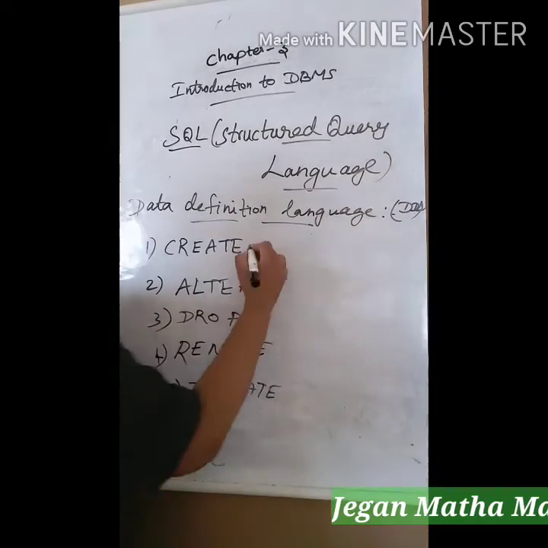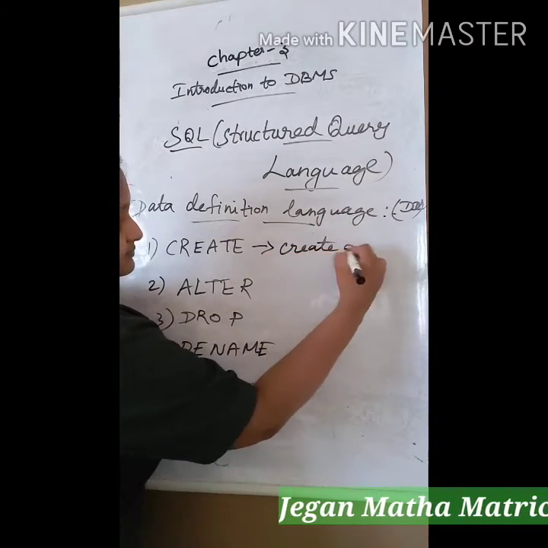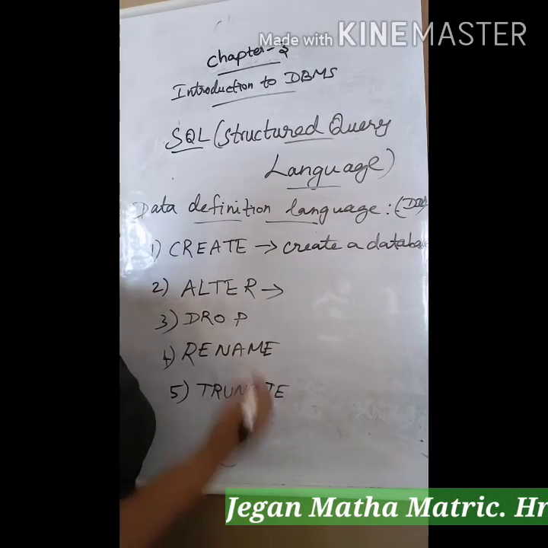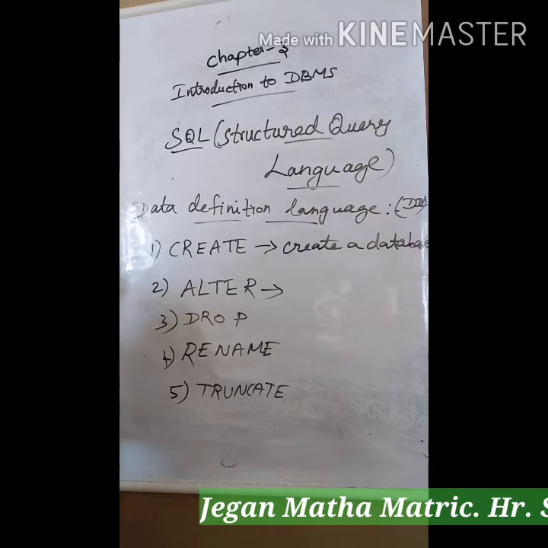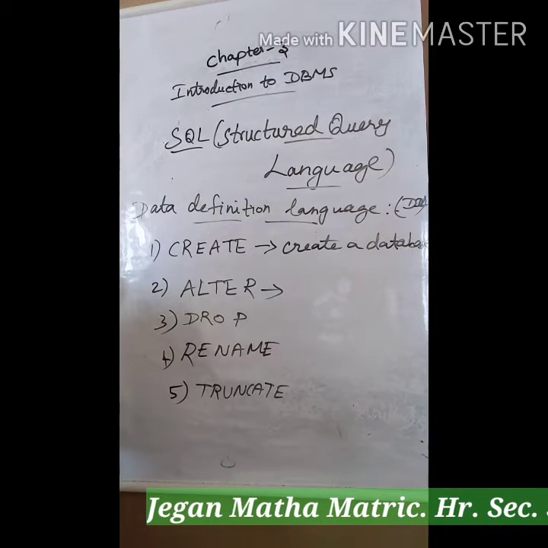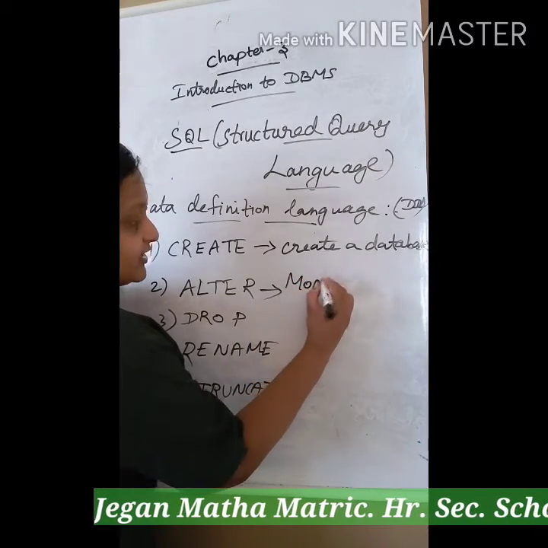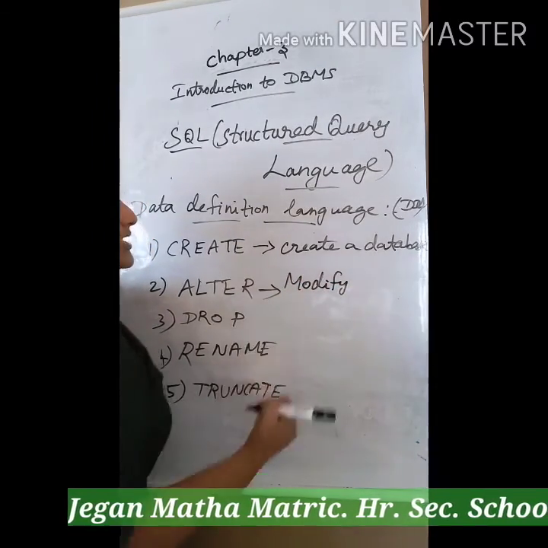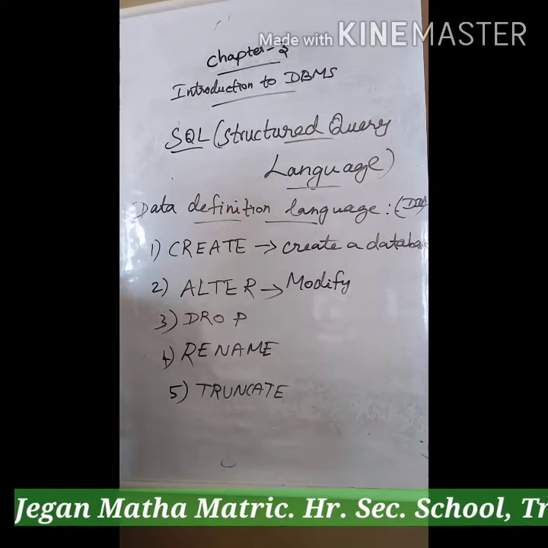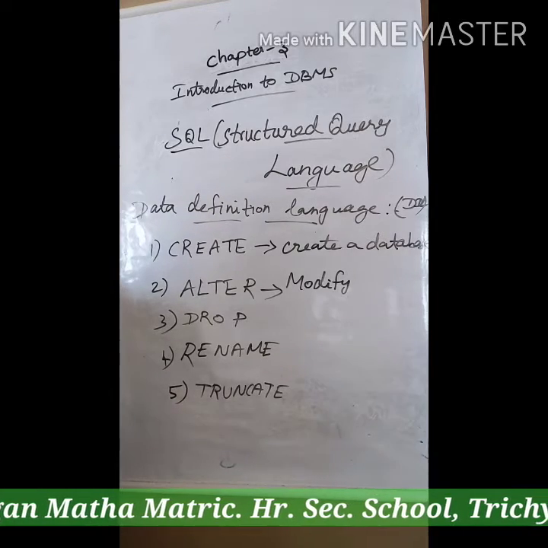The first one, the create command, is used to create a database. The alter command is used to modify the existing structure of a database or table. Existing means already created, so we can change the structure of the table. The third one is the drop command.